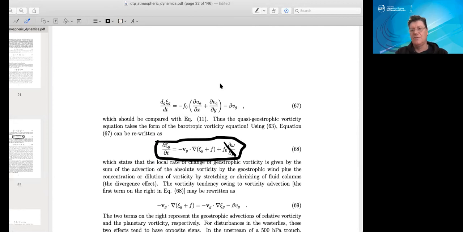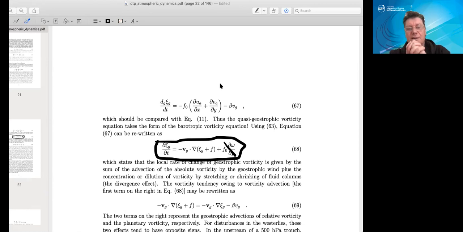And that is the equation that we linearized, and then derived the dispersion relationship of Rossby waves. Those waves propagate in positive zonal direction, where the energy propagates in positive zonal direction. And the waves themselves can propagate to the west and to the east, depending on their wavelength.